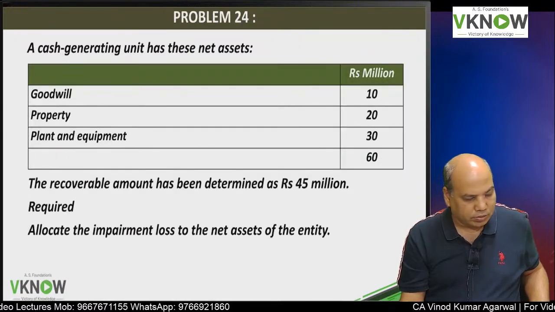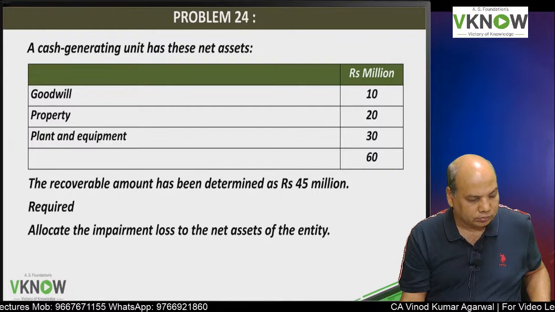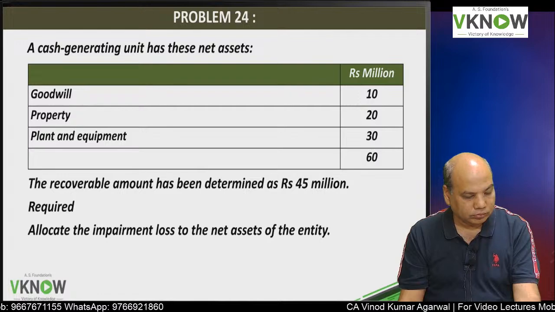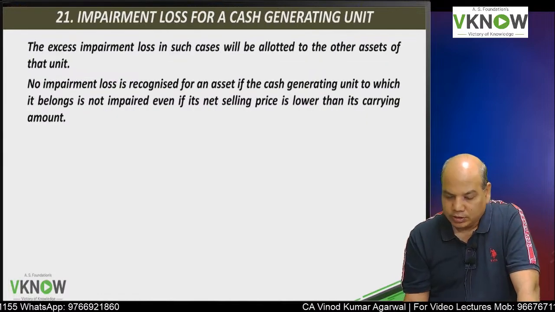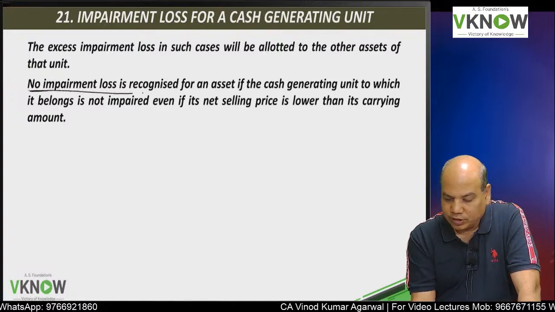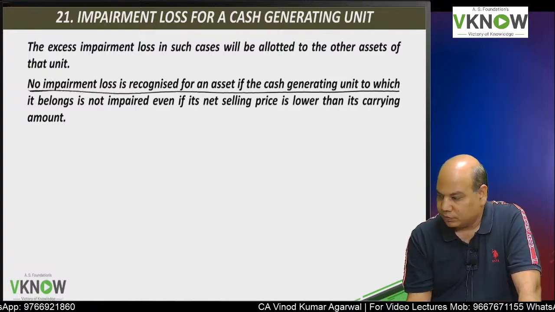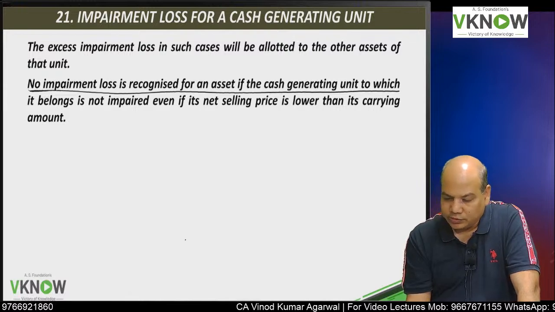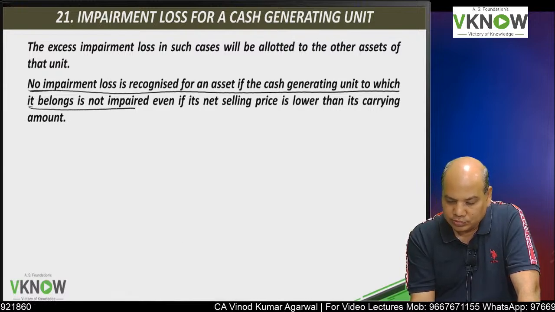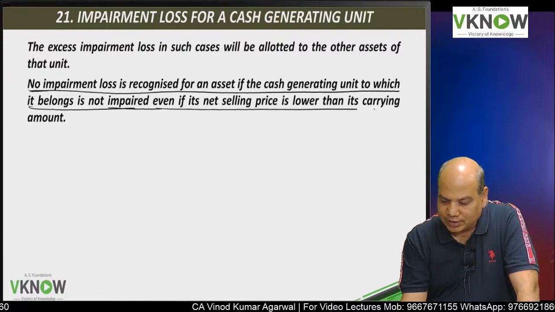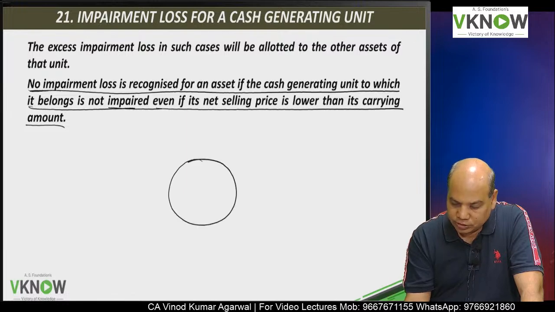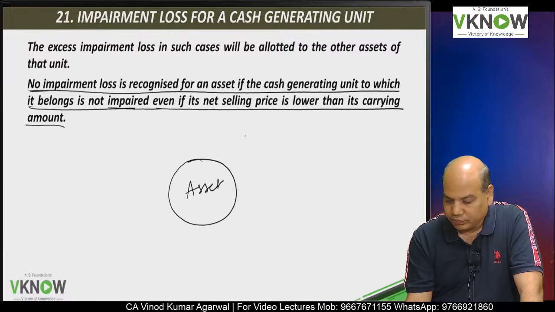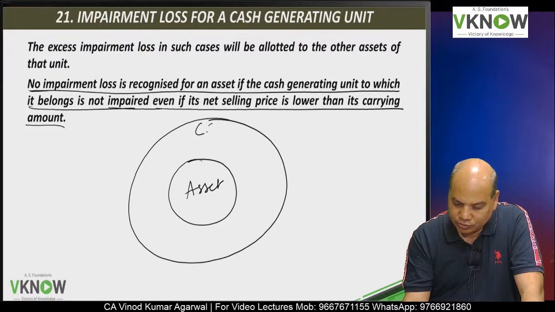Now we'll take one question number 24. Just before that, one more line you have to underline, which actually we have taken one problem in the previous lecture. No impairment loss is recognized if the CGU to which the asset belongs is not impaired, even if net selling price is lower than the carrying amount. This is individual asset, this is CGU.